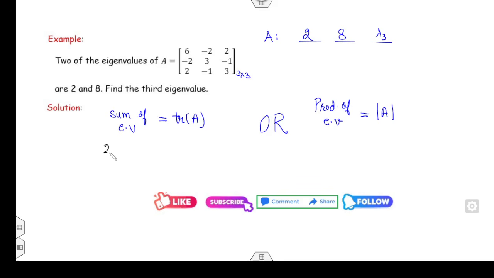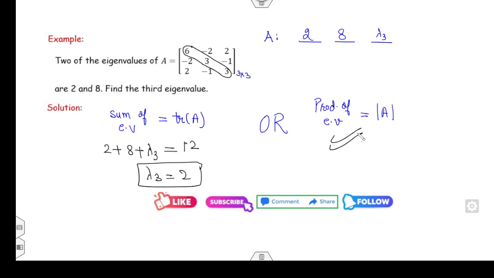Let's start with the sum: 2 plus 8 plus the third eigenvalue. The trace will be 6, 3 and 3, that is 12. So the third eigenvalue is 2.